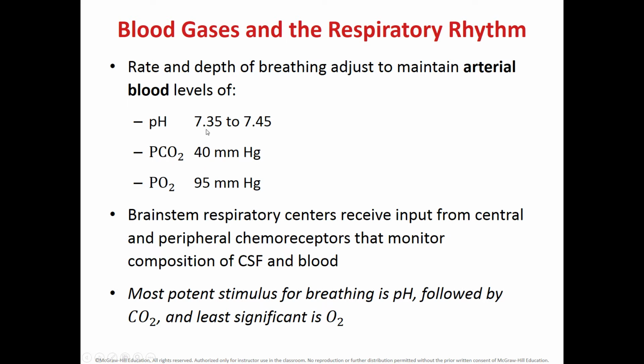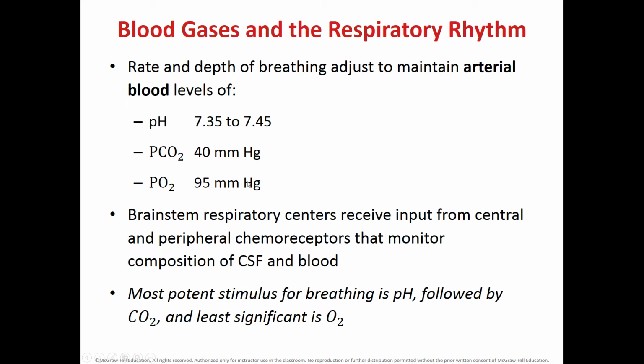So at normal levels of pH, we have 40 millimeters of mercury of partial pressure of CO2 and 95 millimeters of mercury of partial pressure of oxygen, or PO2.